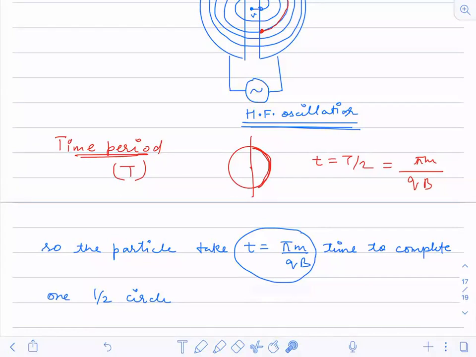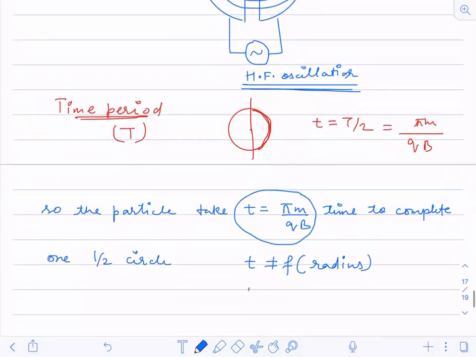So this time is a constant. It is not a function of radius and it does not depend upon the velocity.